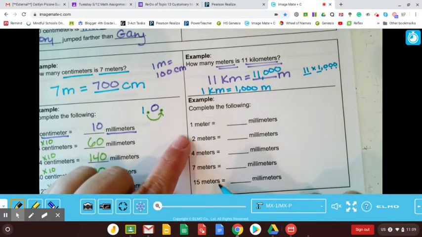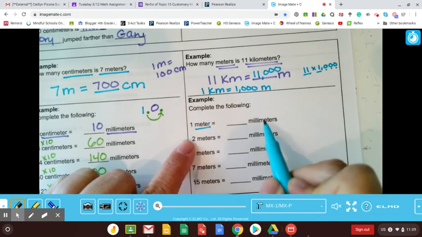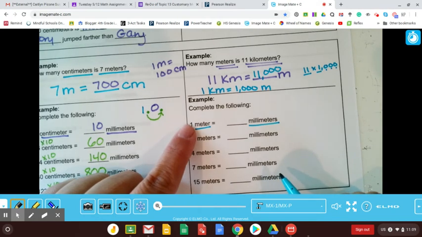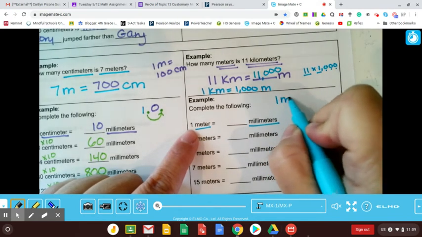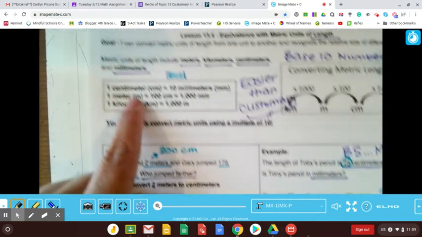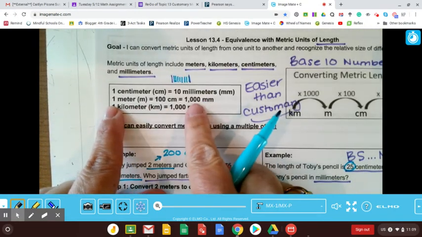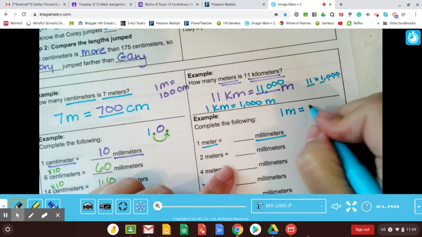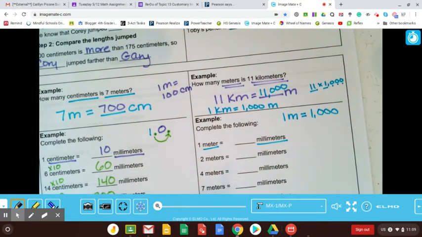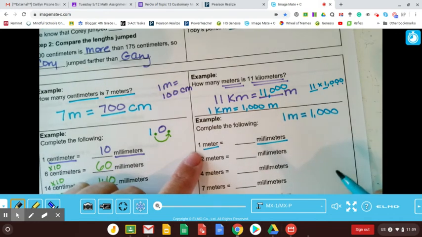I notice here I'm going from meters to millimeters in every single example, right? So I need to know in 1 meter, how many millimeters do I have? So let's look up here. In 1 meter, I have 1,000 millimeters. It's a lot, right? 1,000 little tiny spots.